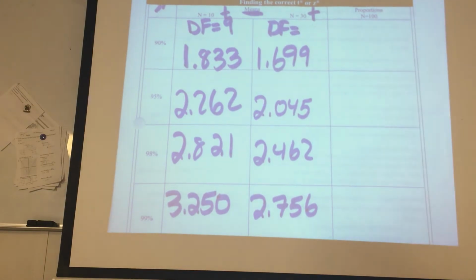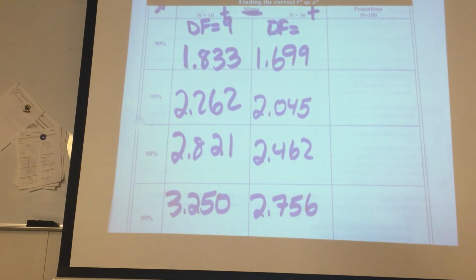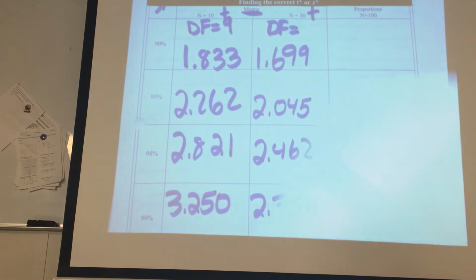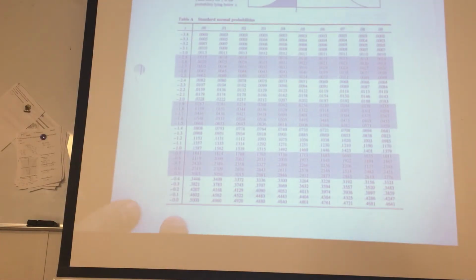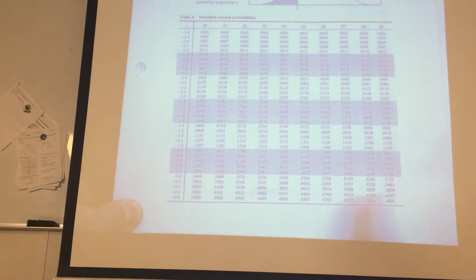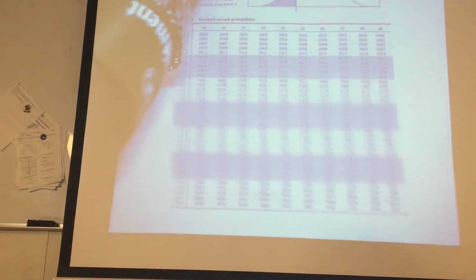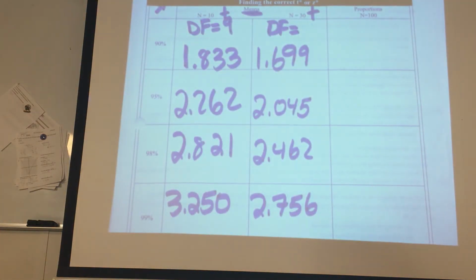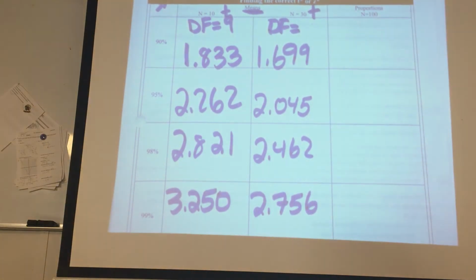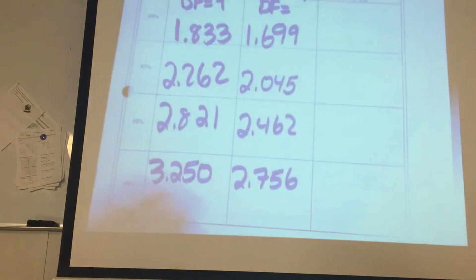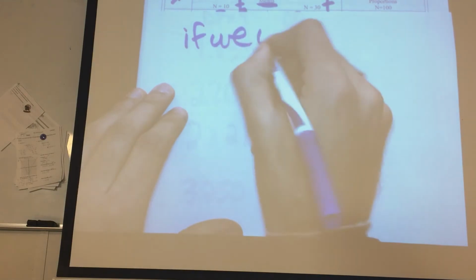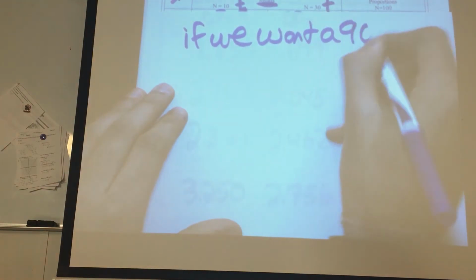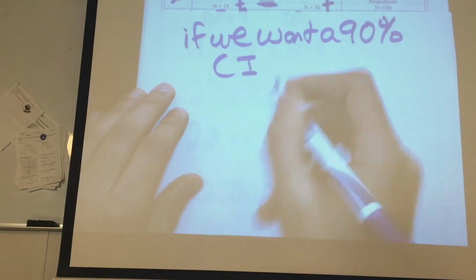The Z is a little bit more interesting because the College Board gives you the Z table, except it's not listed down here what those confidence intervals are. So we have to do a little bit of work on our own. So let me explain how to do this. So for the Z, if you think about a confidence interval, if we want a 90% confidence interval, what that means is the following.